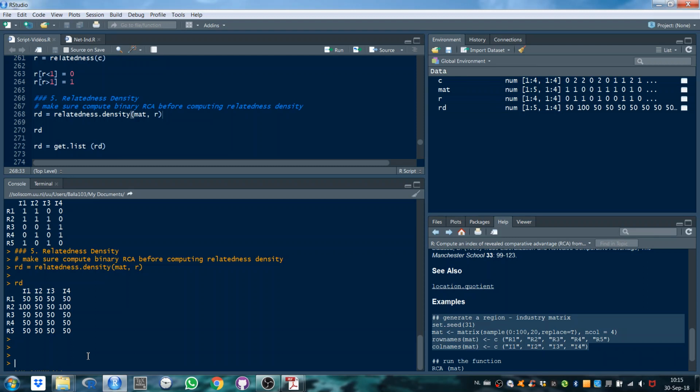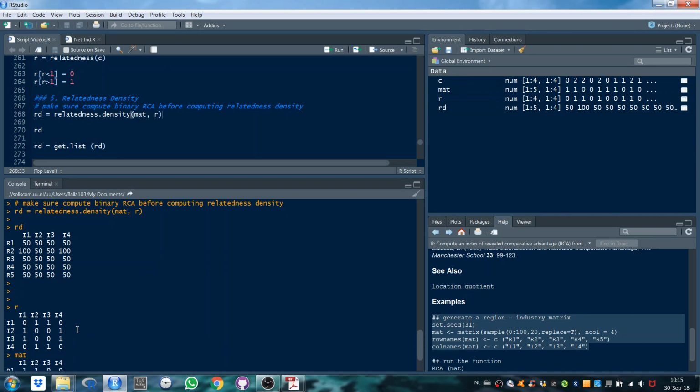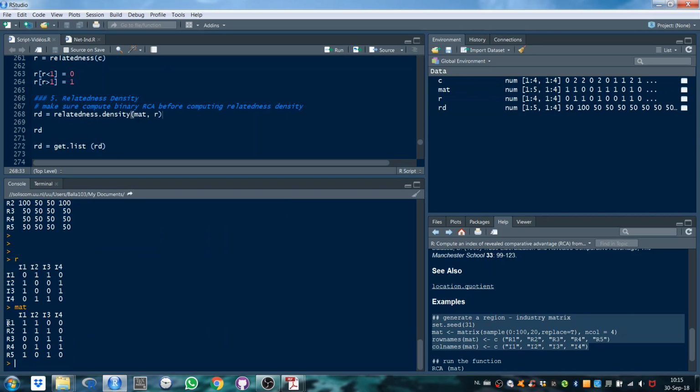Let's first look at our product space. That's the easier thing to understand. We look at our product space and we see that Industry 1 is related to 2 other industries: Industry 2 and Industry 3. Now let's look at our matrix for Region 1. We see that Region 1 has one of these industries. Region 1 has Industry 2, but not Industry 3.